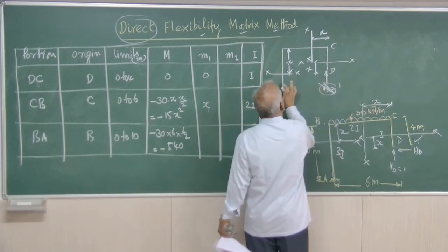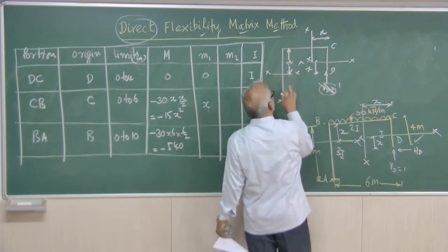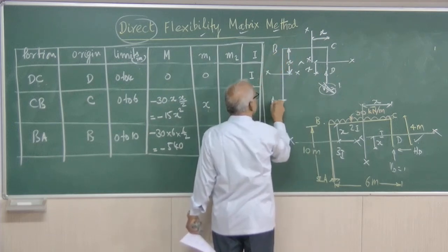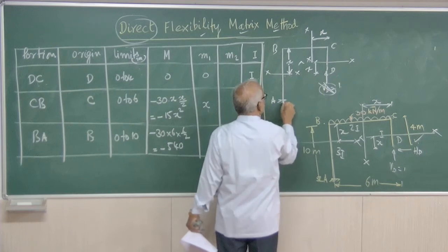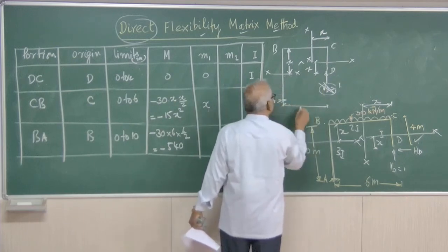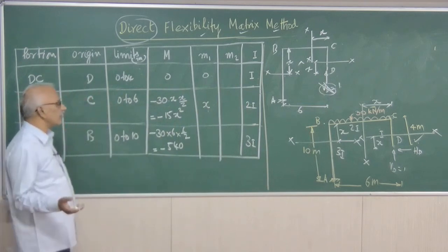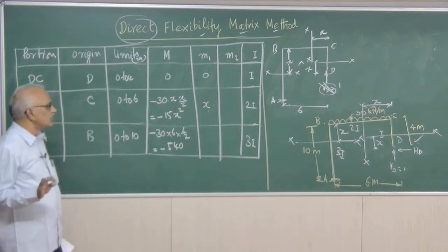So, about this column, any point on the column BA will cause a moment equal to 1 into 6, because this distance equals 6 meters. Whatever may be the value of X, it is 1 into 6.